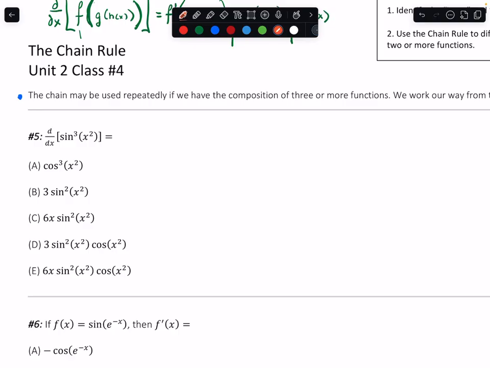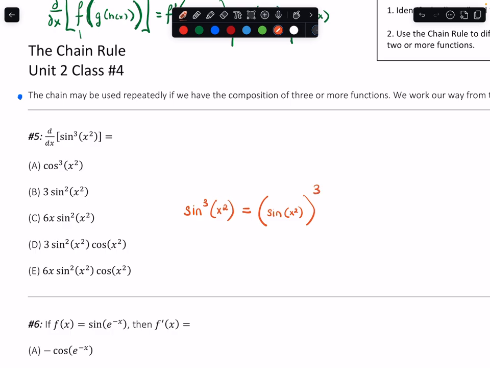I think before you do any calculus, you should be very clear with what you're looking at here. Making good use of your parentheses is a big thing here. What does this actually mean? This actually means the sine of x squared, cubed.